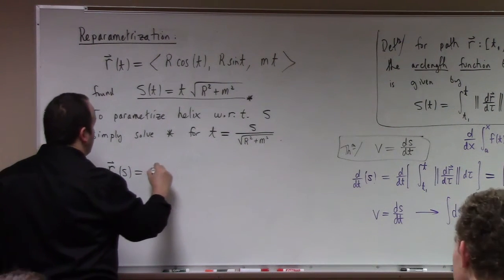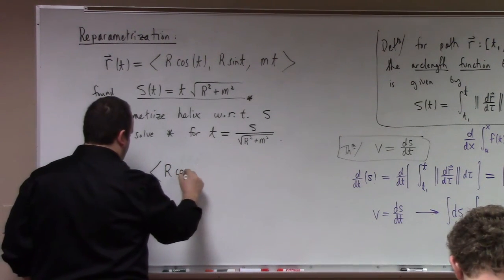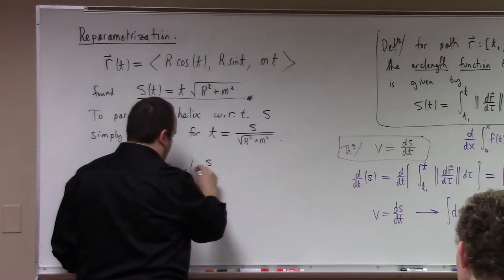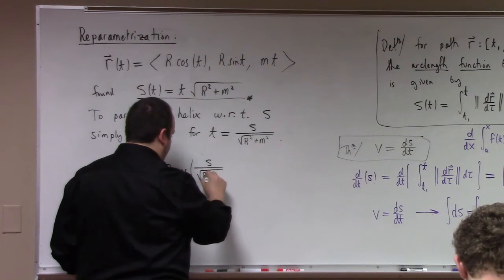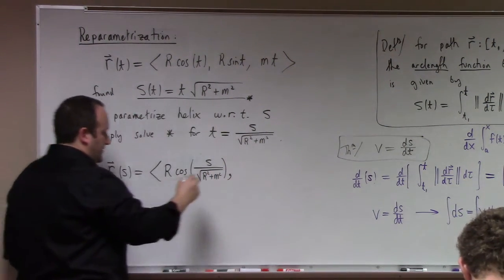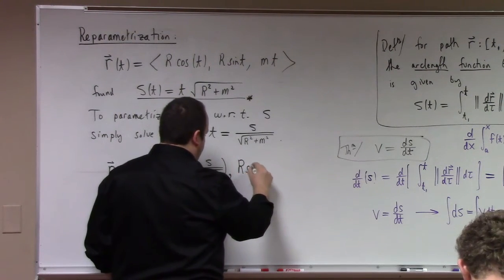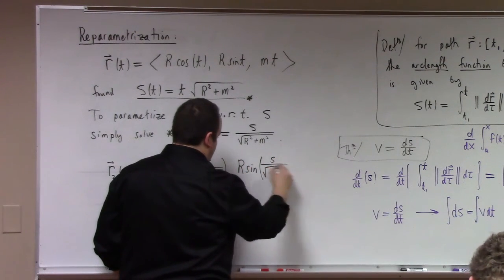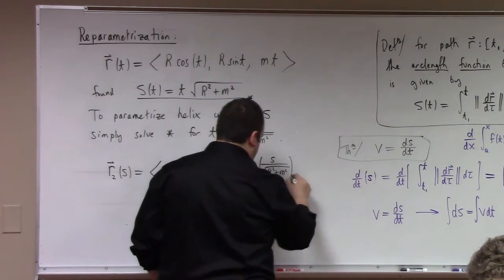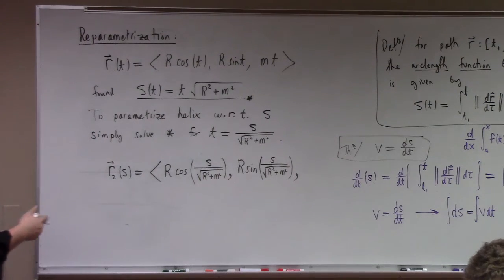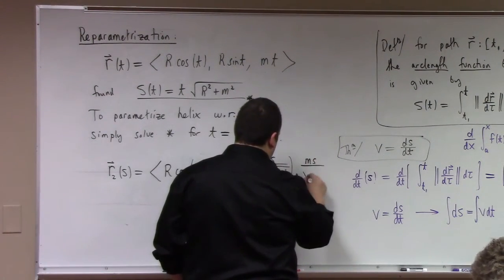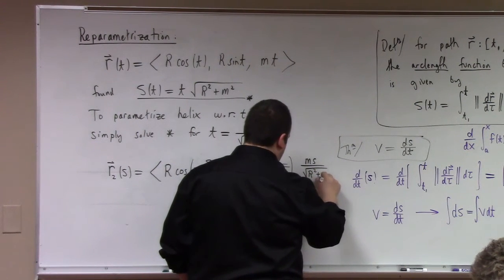It's going to be equal to r cosine of, not t, but s divided by the square root of r squared plus m squared, then r sine of s divided by the square root of r squared plus m squared, and then ms over the square root of r squared plus m squared.